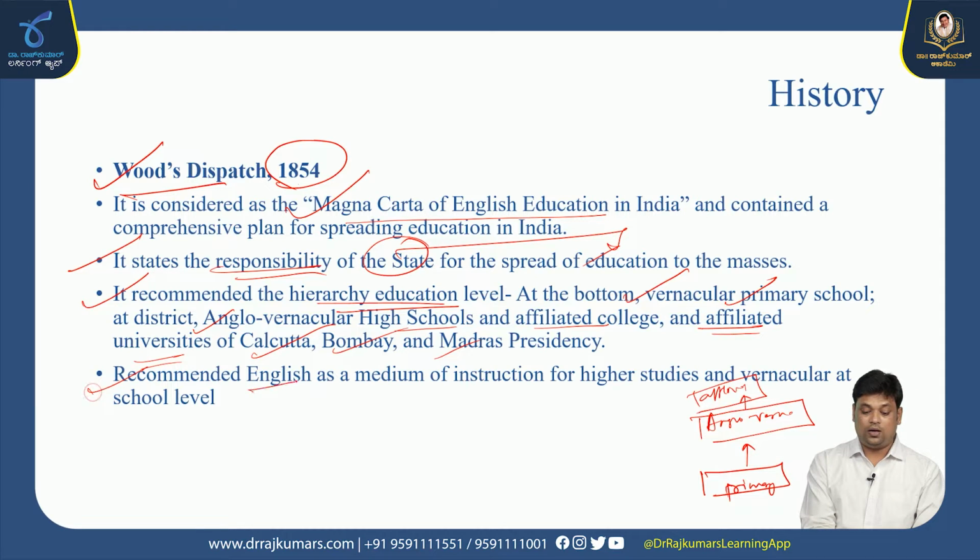So they recommended English as the medium of instruction for higher studies, and at school level, vernacular. Vernacular means local language. At school level, village level, we have vernacular, and higher level studies in the English medium.